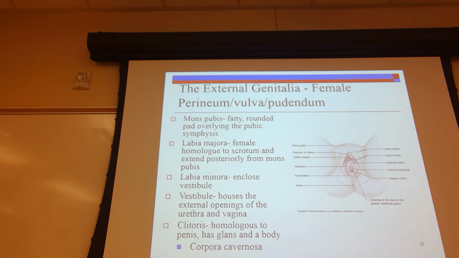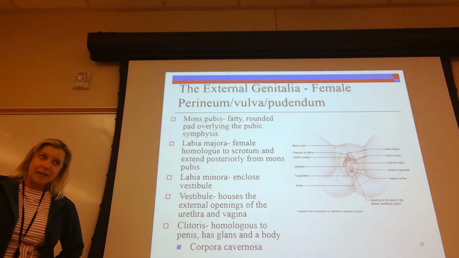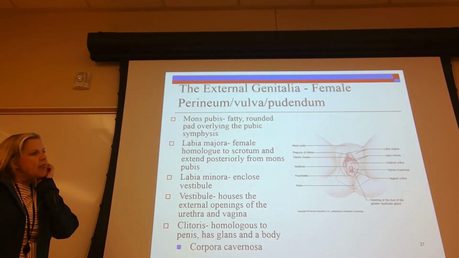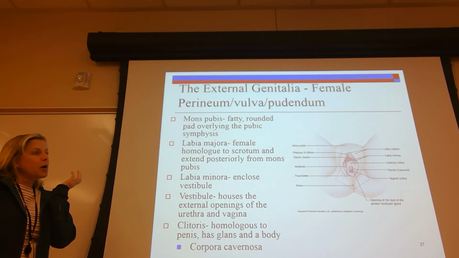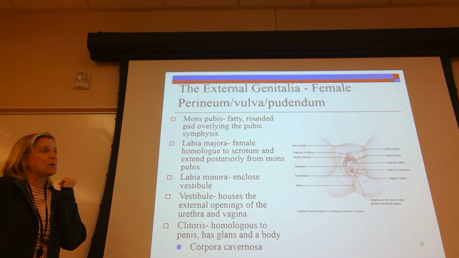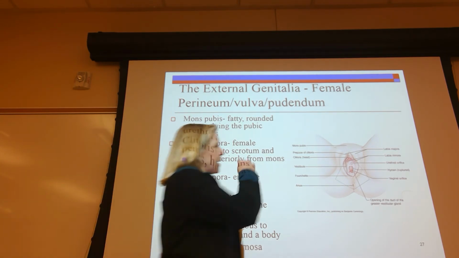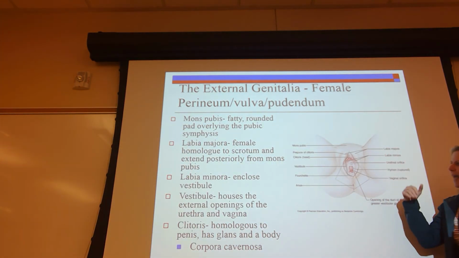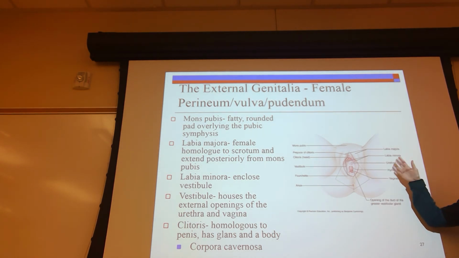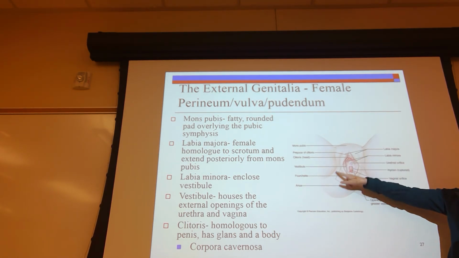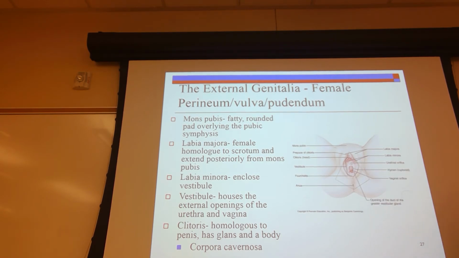Well, bad timing because you're eating. But this is the external genitalia. There are some landmarks, for lack of a better word, for men and women. If they're laying down in this position, we look at this triangle type appearance, and that helps us locate certain landmarks.